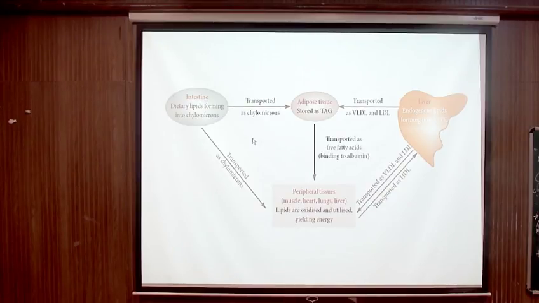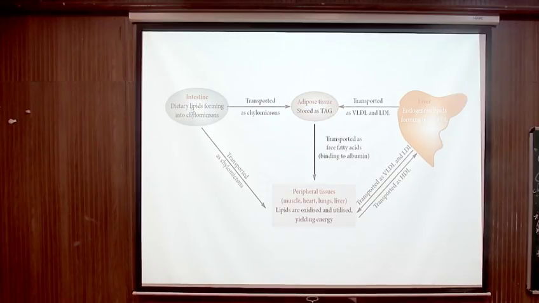Now, just a summary of the lipid metabolism. You have adipose tissue, where what is stored? Fat. The layman's term is fat, but you should use the word triacylglycerol. Fat means triacylglycerol.